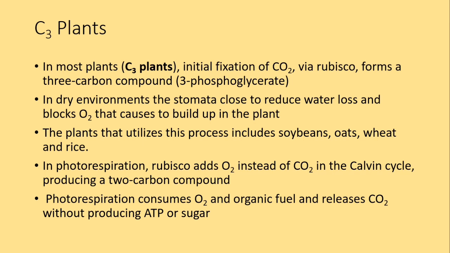The plants that utilize this process include soybeans, oats, wheat, and rice. In photorespiration, Rubisco adds oxygen instead of carbon dioxide in the Calvin cycle, producing a 2-carbon compound. Photorespiration consumes oxygen and organic fuel and releases carbon dioxide without producing ATP or sugar.